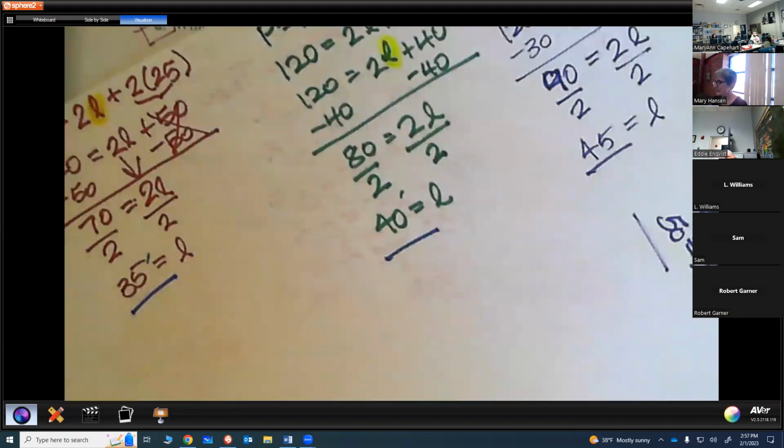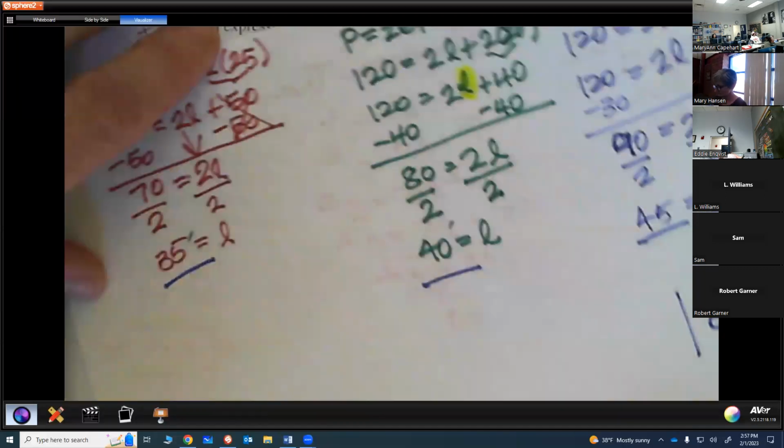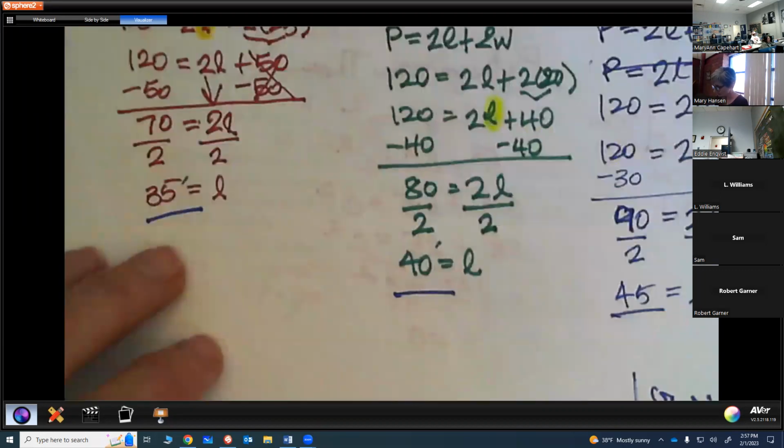If your perimeter, your fencing, remains the same and you make the width smaller, that's going to leave more fencing for the lengths. Or if you make the width larger, it'll leave less fencing for the length.